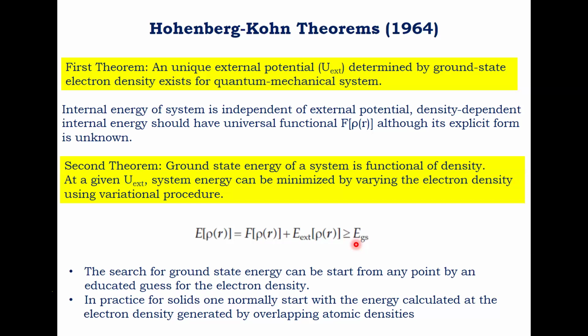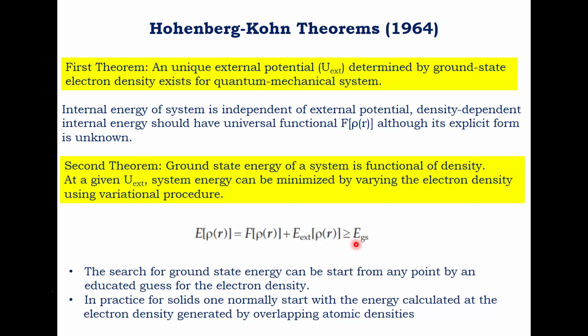When you guess some wave function or density of a given system and calculate the total energy using it, the energy you calculate is always greater than or equal to the true ground state energy. That simple variational principle is applied here to minimize the total ground state energy of the system. Those were the two fundamental theorems.